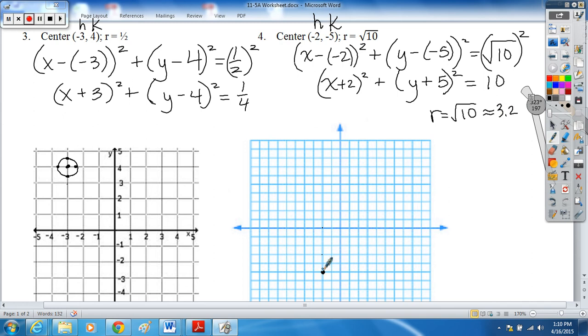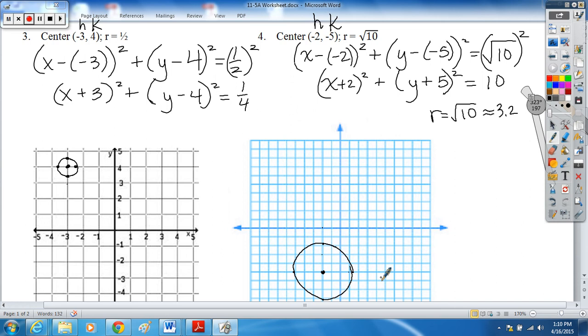So if I plug that in, 1, 2, 3.2, just slightly greater than 3. 1, 2, 3.2. 1, 2, 3.2. Okay, and that should be your circle right there. Okay? So that's how you use it when you have a radical involved.